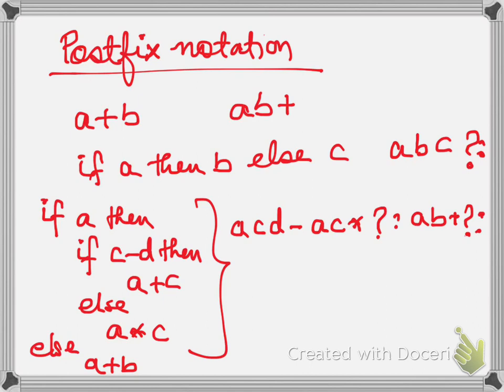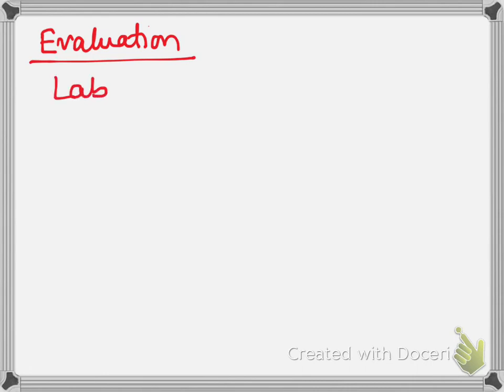So for programming constructs also we can write like this. If you have loops, those can also be written using postfix notation. Now how do we evaluate? What is the evaluation scheme? It is evaluated through the use of labels and jump statements.